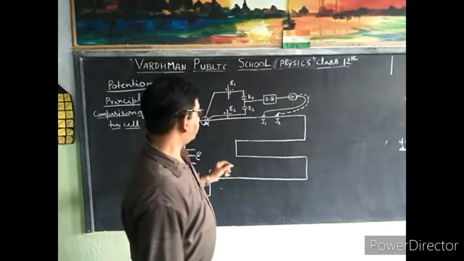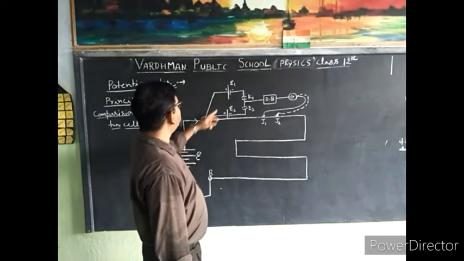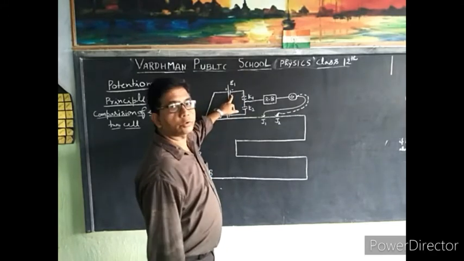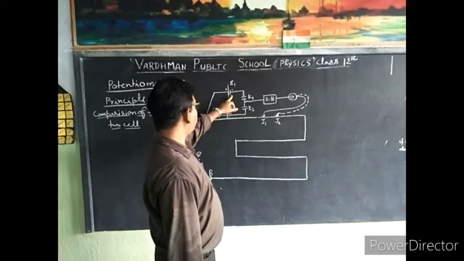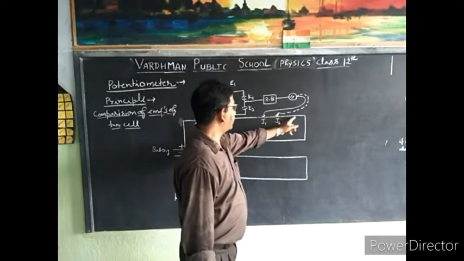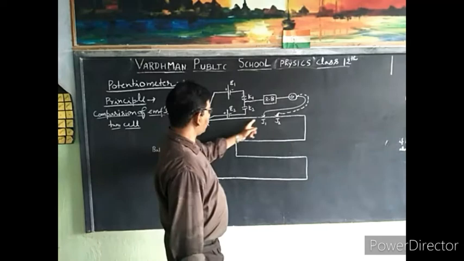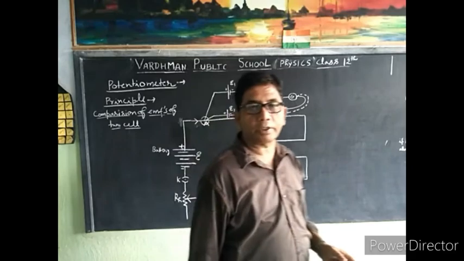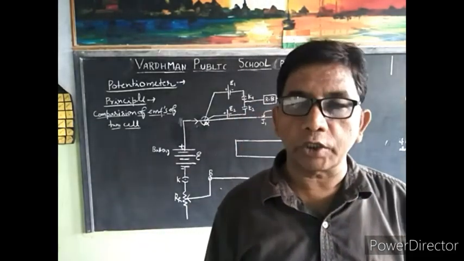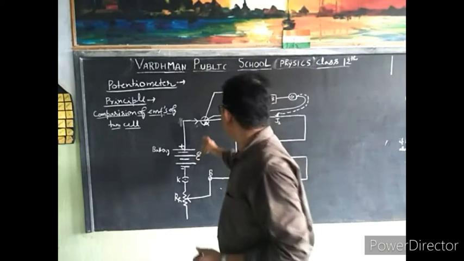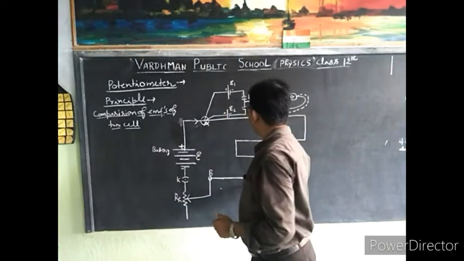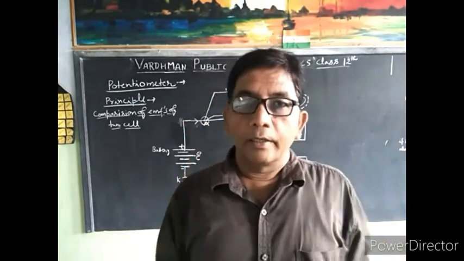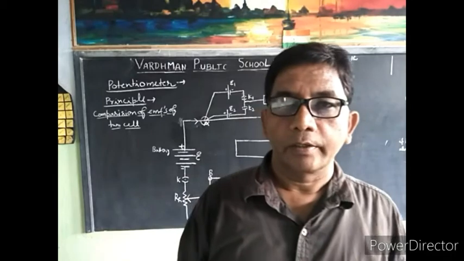Slide the jockey along the wire AB and search the balancing length across the jockey J1.